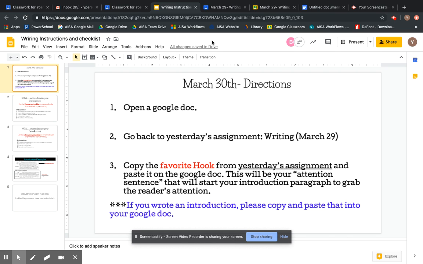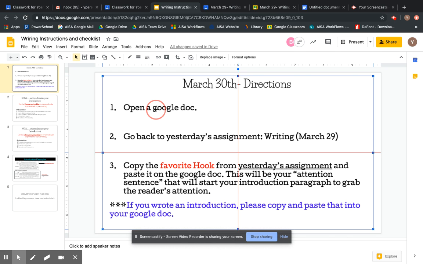You're going to turn in your Google Doc to me, but you're going to still have it in your Google Drive. That means every single day this week, you're going to open that same Google Doc and continue writing on it. This is going to be your rough draft. So you can title it Persuasive or Animal Abuse, Persuasive, Rough Draft.